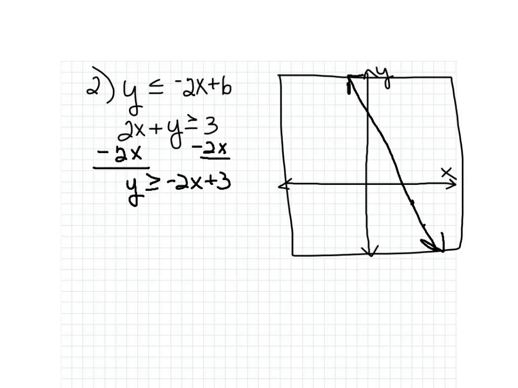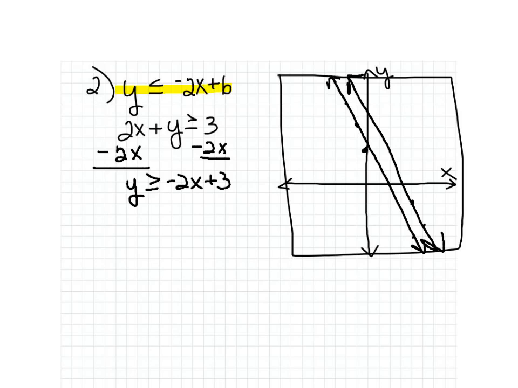For the next one, I have y is greater than or equal to negative 2x plus 3. So my y-intercept is at positive 3, but I have the same slope of negative 2. This is also going to be a solid line drawn through my graph.